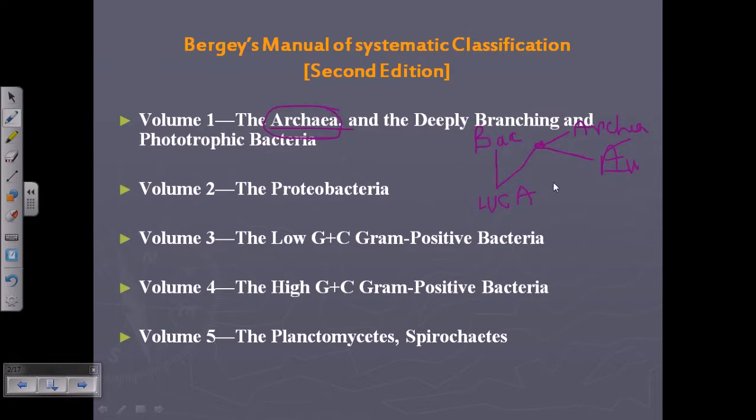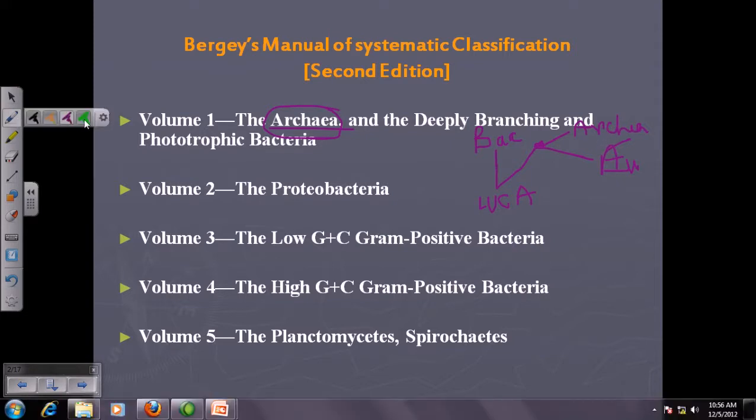That is how the evolution comes through these three domains: bacteria, archaea and eukarya. Nowadays, using cutting edge technologies like DNA technology, we came to know that archaea are much more closely related with us, with eukarya, than with bacteria.